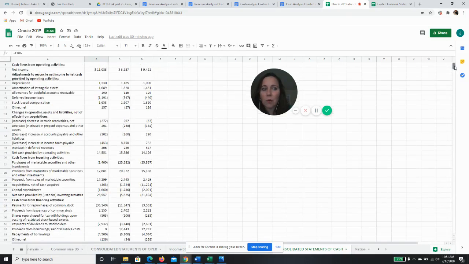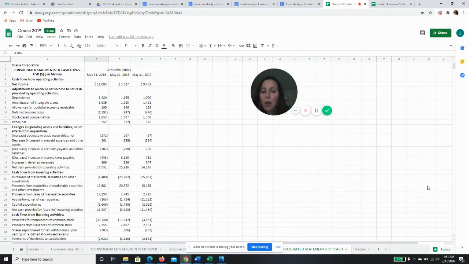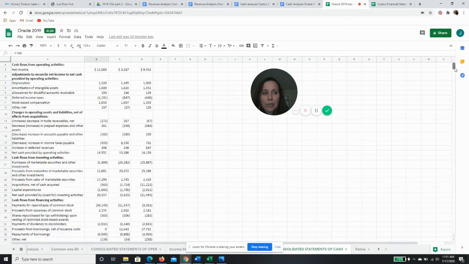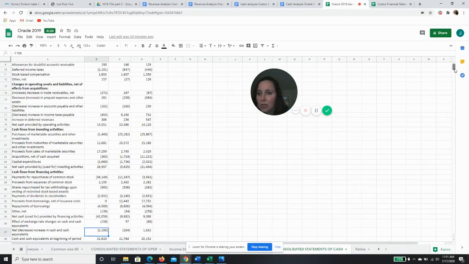Okay, so now I'm going to start with listing out my increases and decreases. I'm going to start with my cash flow provided by operating activities. You don't have to explain this, we just have to list it. So I'm just going to say operating, and let's make this a little wider.